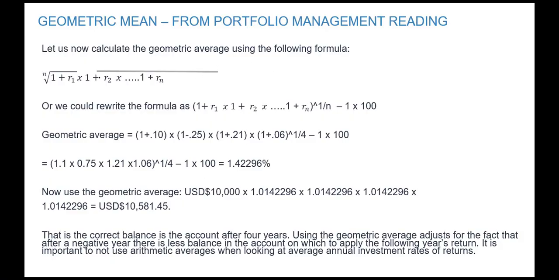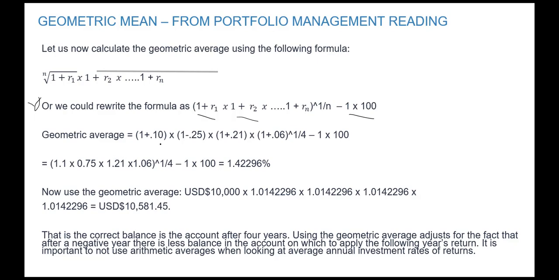Okay, so again, going back to the formula for the geometric mean, it's 1 plus the return in year 1 times 1 plus the return in year 2, and we continue that on, and we put it to the power of 1 divided by n, minus 1, times 100 to get it back into the whole number.